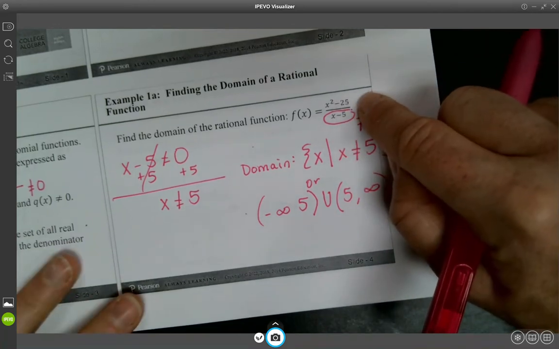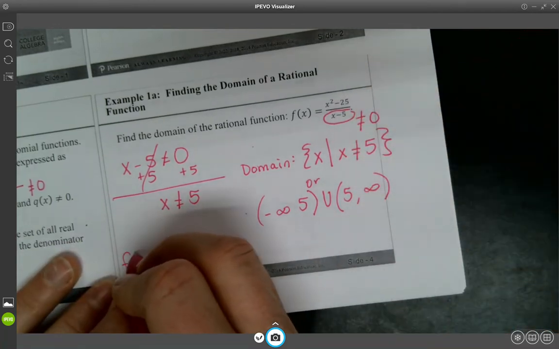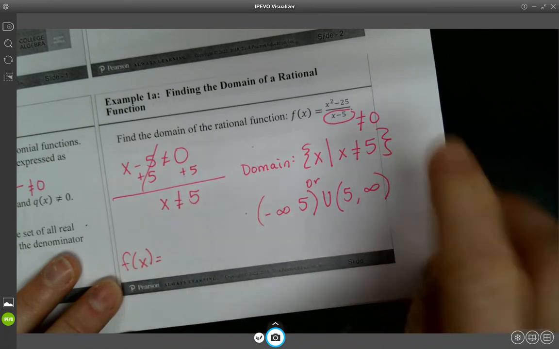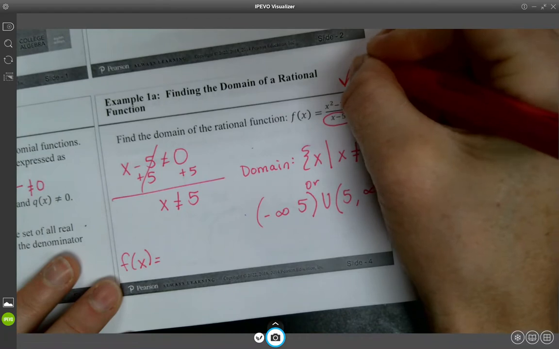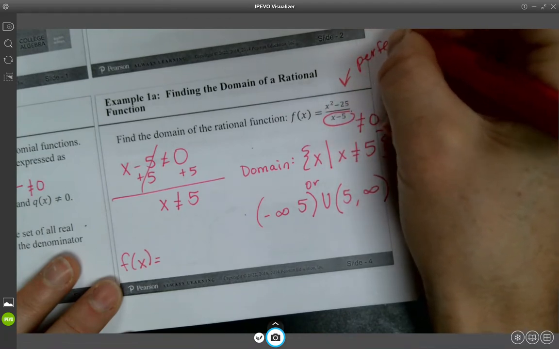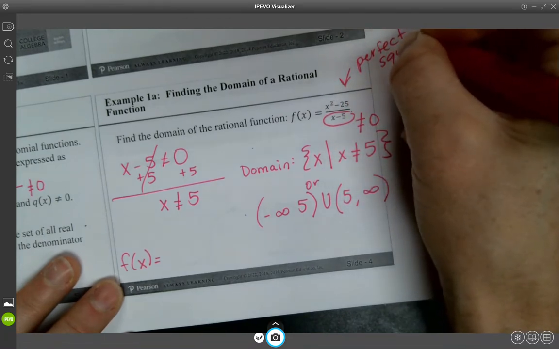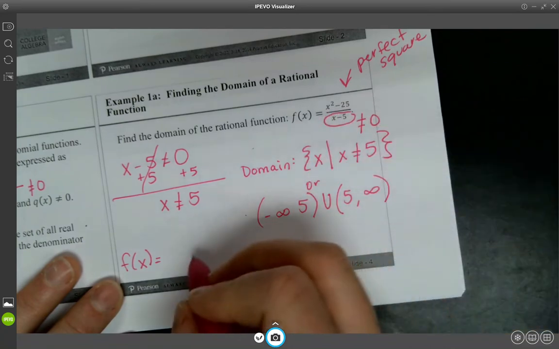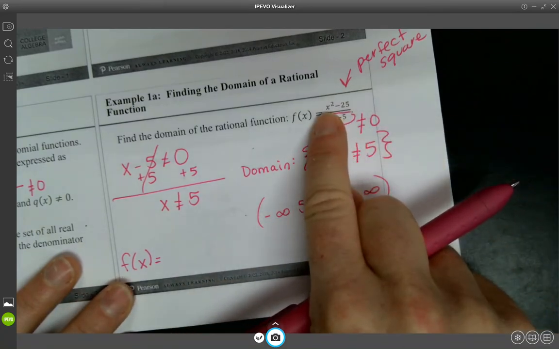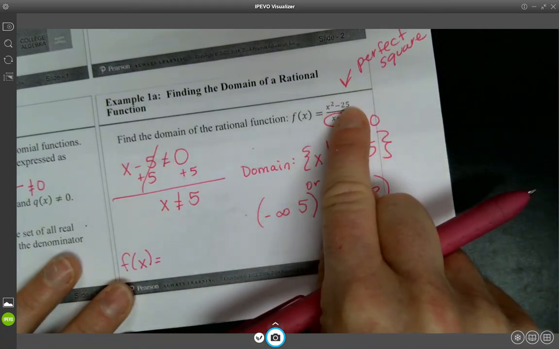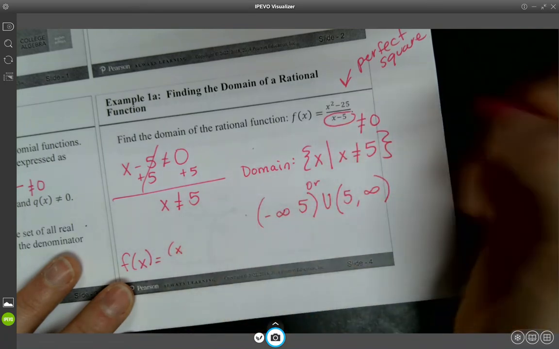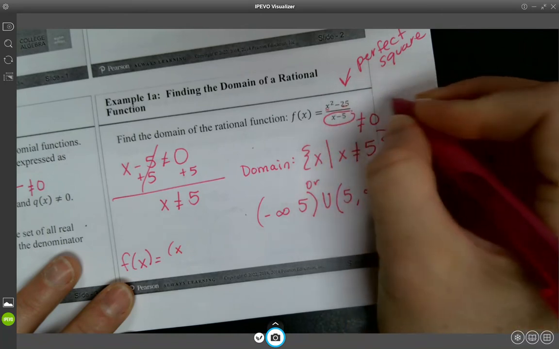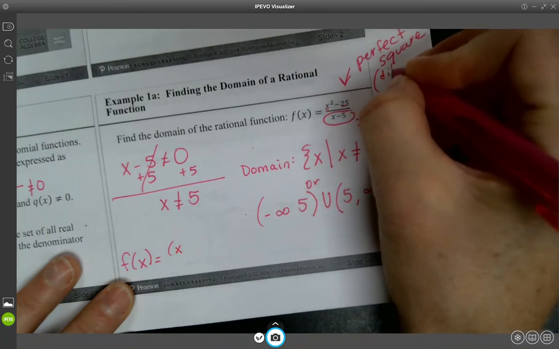Something that you will see that we're going to do on f of x is simplifying it. This x squared minus 25, that's a perfect square, so we're going to have to factor that. This is just a preview of what we'll see. You take the square root of this, you take the square root of that, and you write it as the difference of squares.